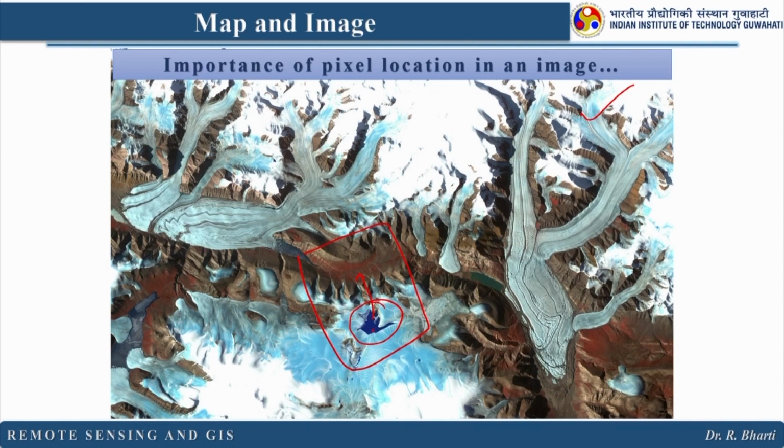Then the actual representation of this area will not be there in your image. So it is very important to make sure whether each pixel is located in its own position or lying somewhere else. That error we need to take care of.